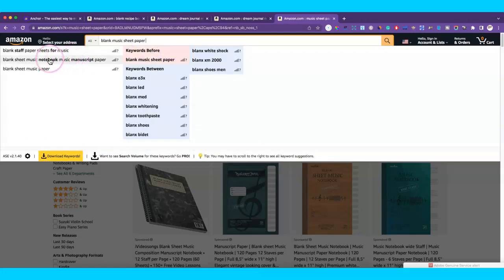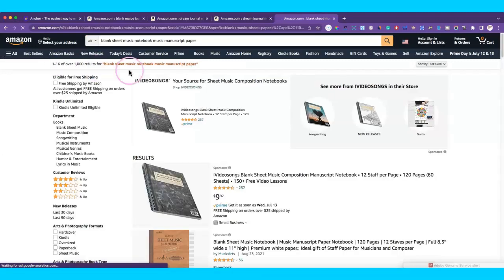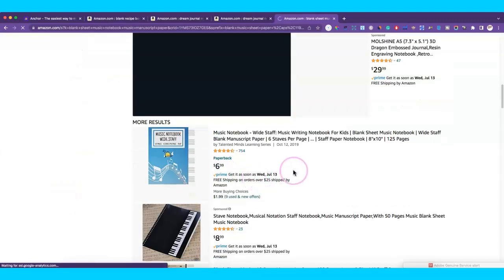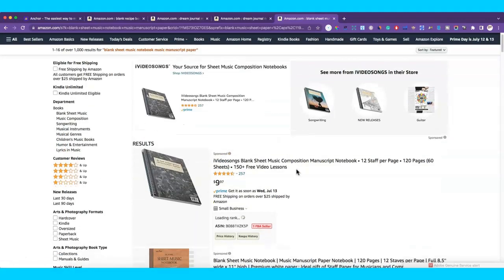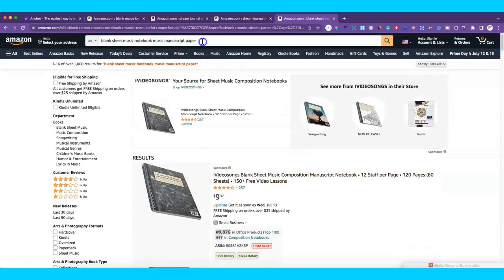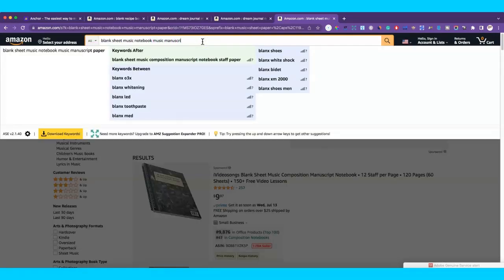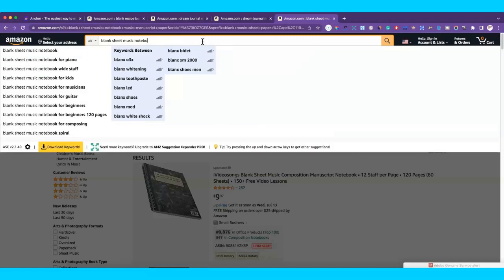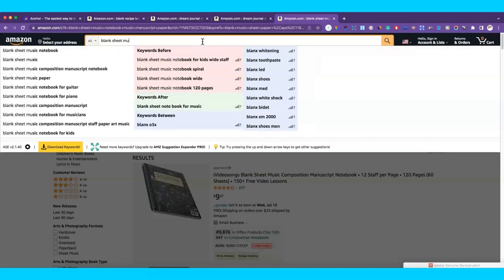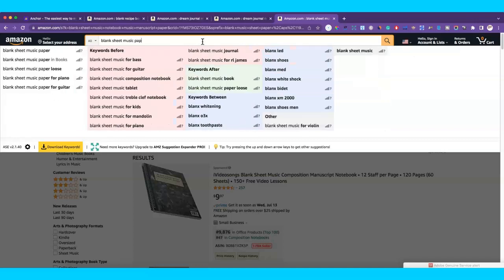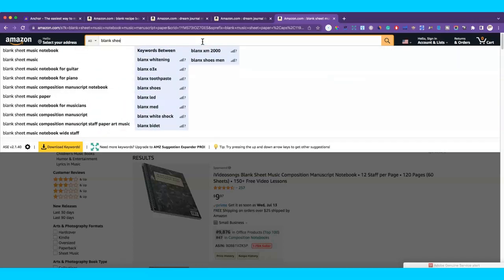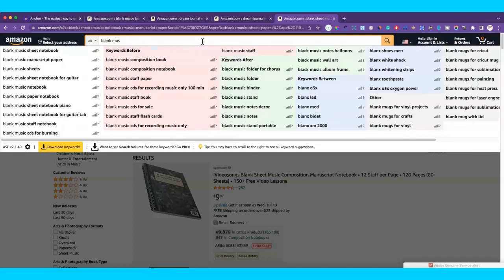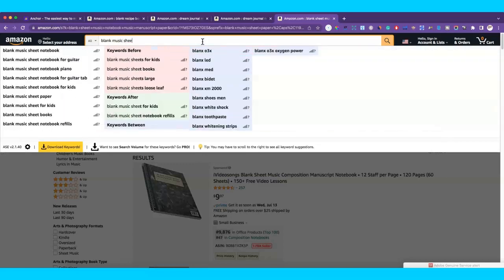And let's see, this one is a long tail keyword. Blank sheet music notebook, music manuscript paper. That's over 1,000 results. So now, let's see, blank music sheet, blank music sheet paper.